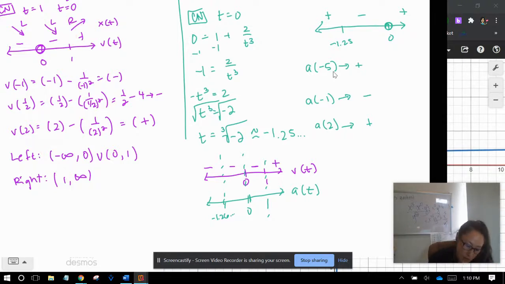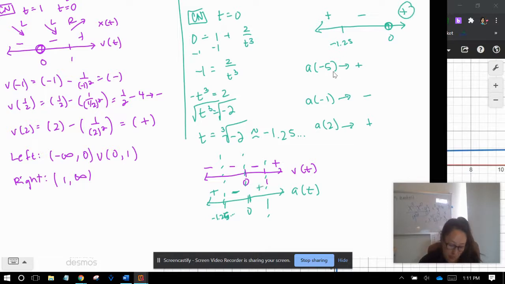For acceleration, less than 1.25 is positive, and is it 1.25 or 1.26? Oh, it rounds to 1.26, so 1.25 dot dot dot. Okay, between negative 1.25 and 0, the output is negative, and then anything from 0 on, the output was positive.